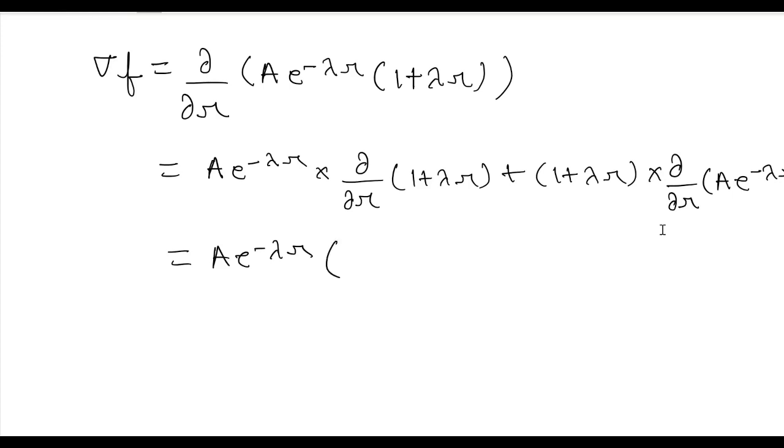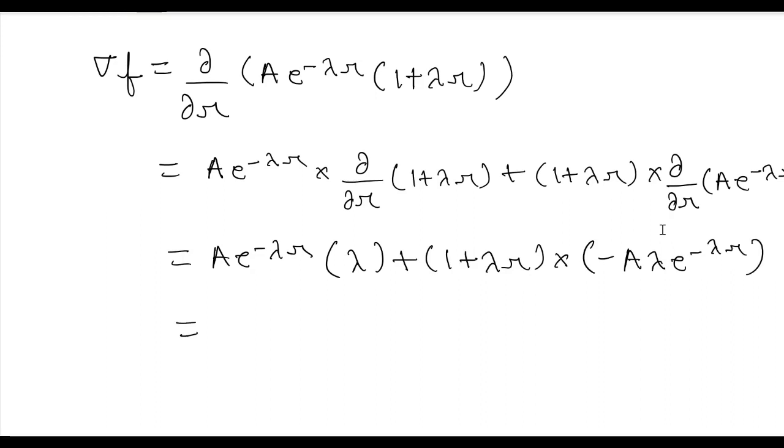Times r. Oh, sorry, there's a lambda here. The partial derivative of this thing gives us a lambda, and the stuff here, 1 plus lambda r, times the partial derivative here again gives us a minus a lambda e to the power minus lambda r.